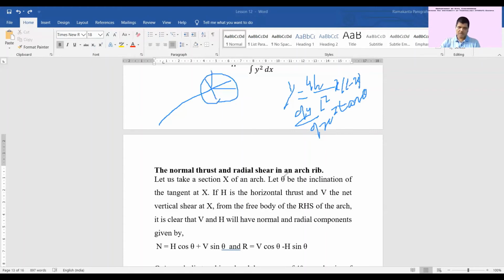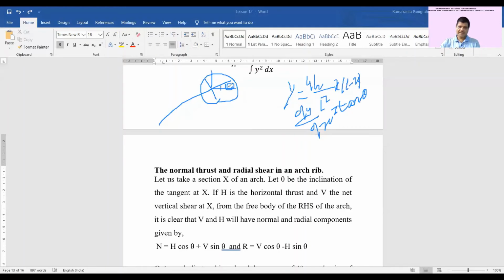Now this is your h and this is your v. This angle is equal to theta. Now you can find the normal thrust.